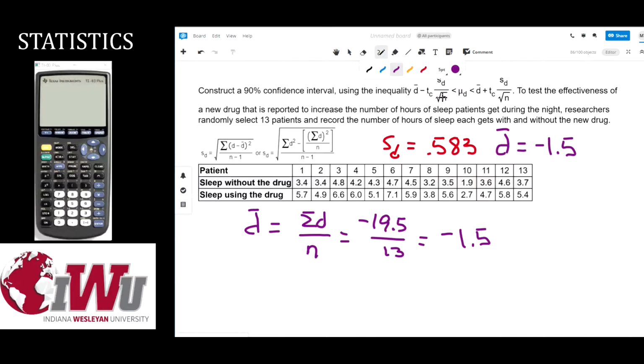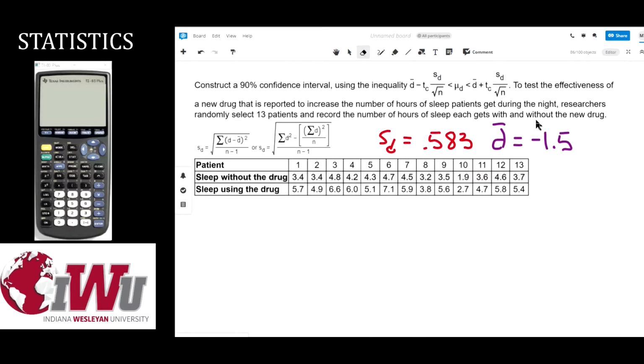And let's get the T value. So the T value, we have a confidence interval of 90%, giving us an alpha of 0.1. All right, now we need degrees of freedom, n minus 1.